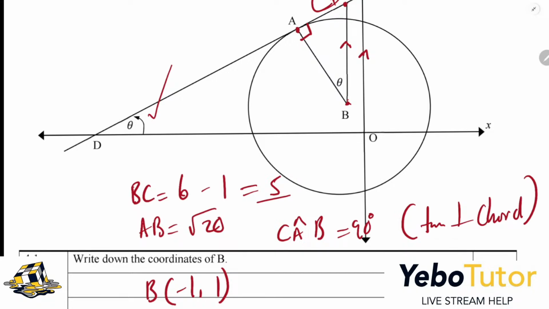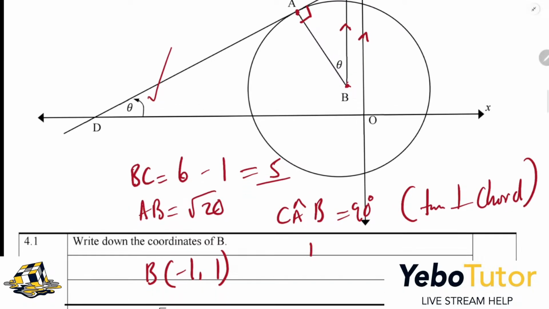Now we can see that AC will be equal to square root of 5. How are we going to get square root of 5? Because by the Pythagoras theorem, AC squared is equal to 5 squared, which is BC squared, plus AB squared. Why? Because we are using Pythagoras. So we need to have that in mind.